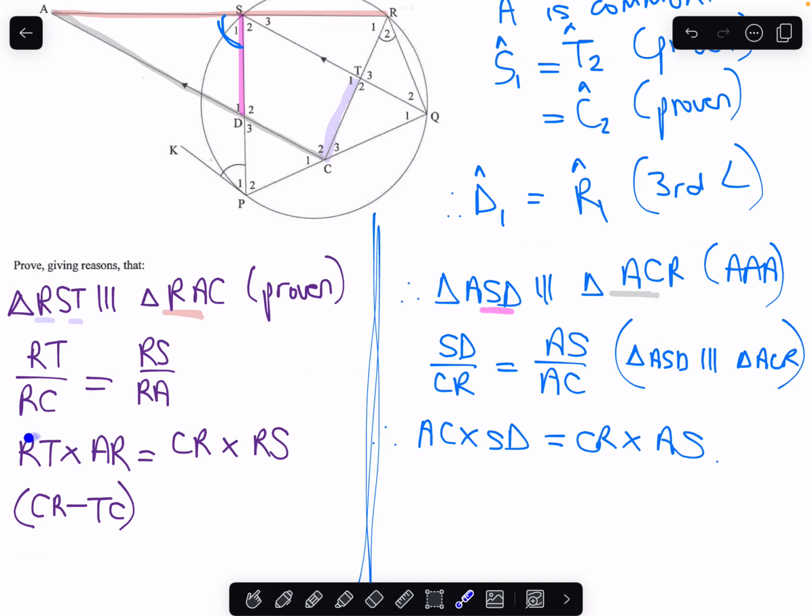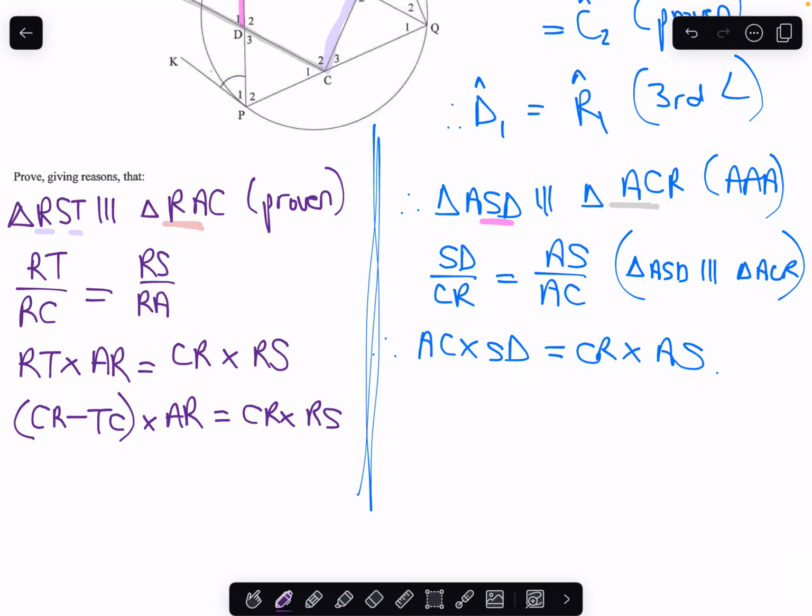That's the same as RT times AR is equal to CR times RS. Okay, then by chance I just so happen to multiply this out, because what do we have to lose? Why did I write this as TC? Oh, because the question has it as TC. Okay.